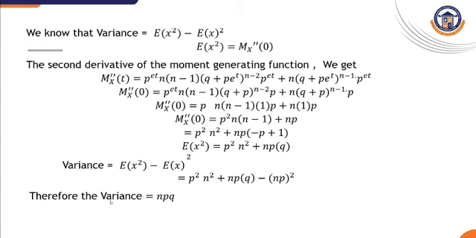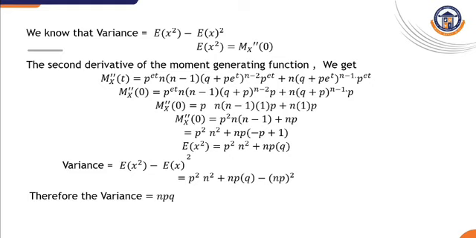So now let us go to our variance, how to find it. The variance formula we know: E of x square minus (E of x) on whole square. E of x square means the second derivative at the origin. The first derivative of the moment generating function of the binomial distribution we already determined.